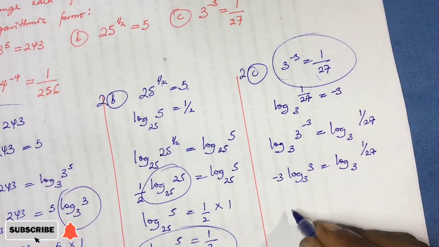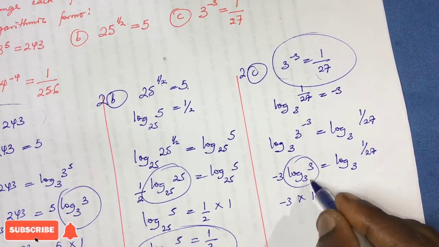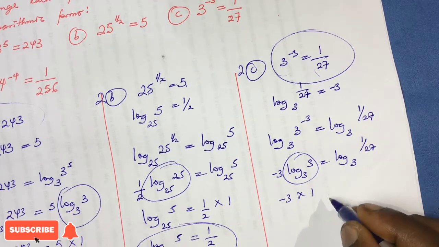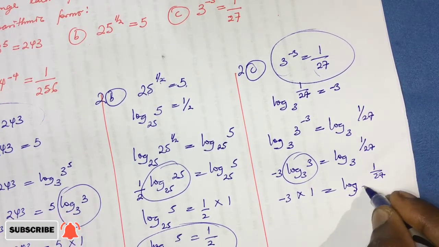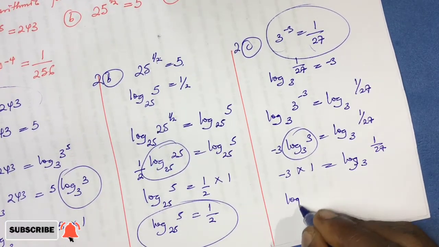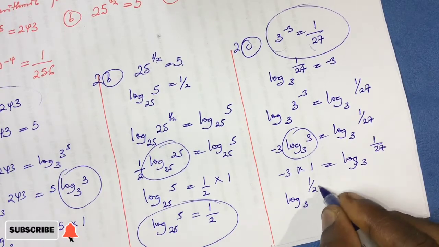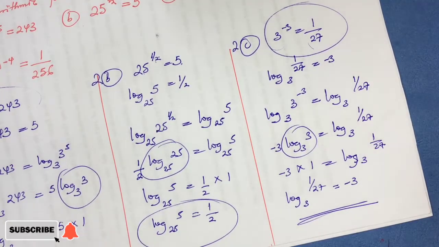And clearly you will see that this is minus 3 times 1, again by that law, log of anything to that same thing is 1. And this will be equal to log of 1 over 27 to base 3. So that will give us log to base 3 of 1 over 27 equals minus 3. And we end up having the same result as above.